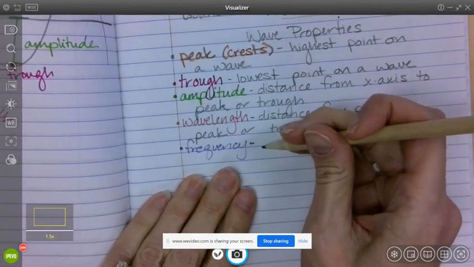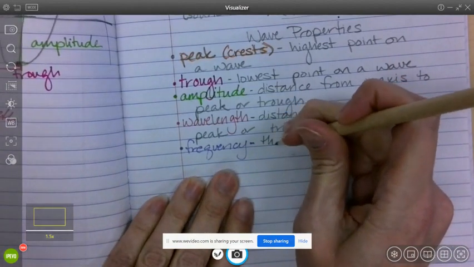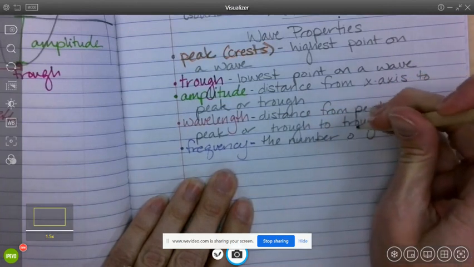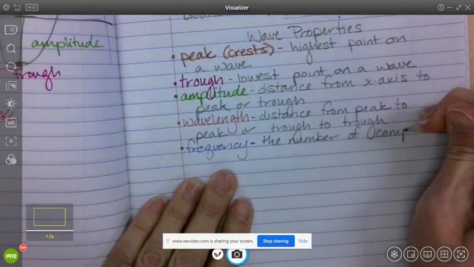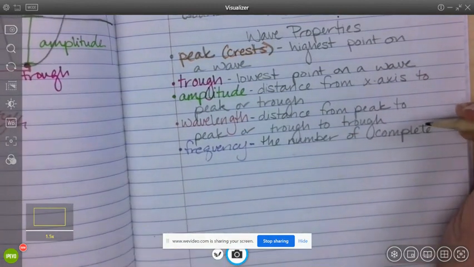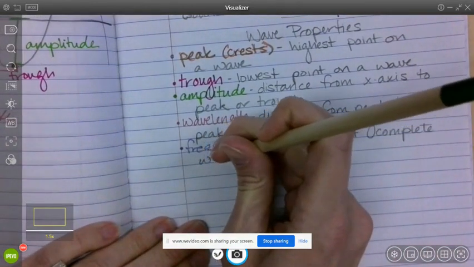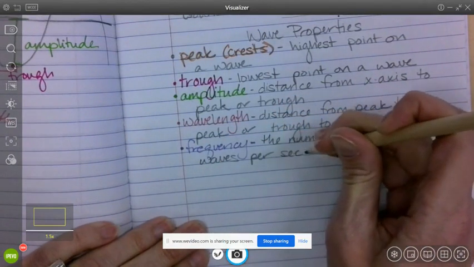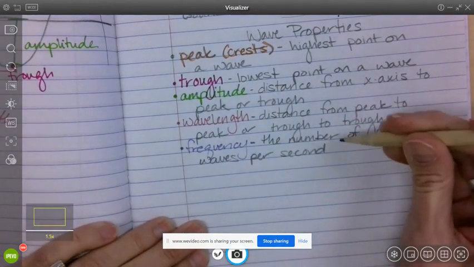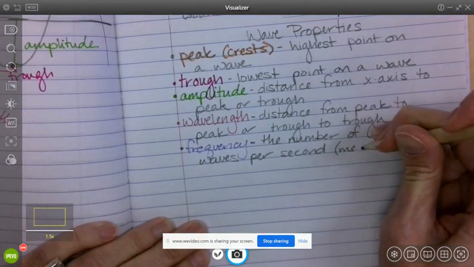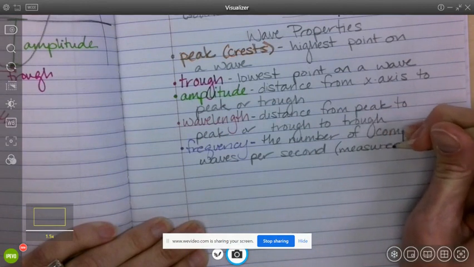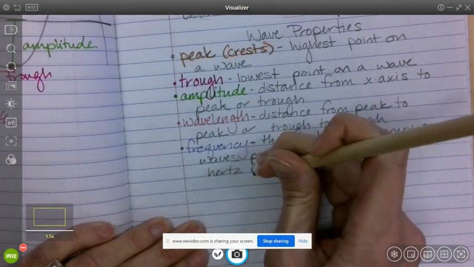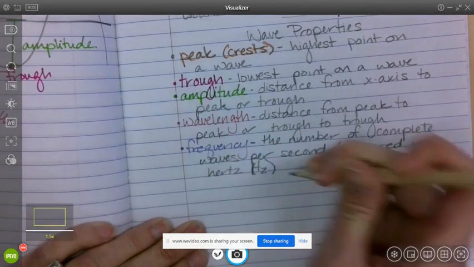Frequency, the number of complete waves per second. And our units for frequency are going to be hertz. Measured in hertz. And we'll abbreviate it HZ.